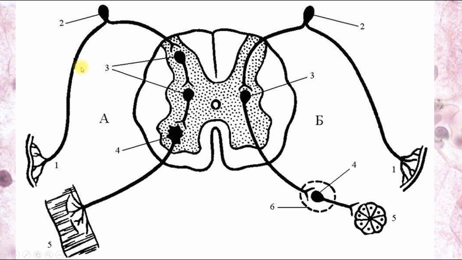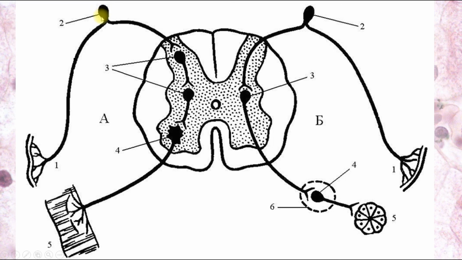So you already know the principle of the work of somatic reflex arc. Let's revise this. So dendrite of pseudounipolar neuron receives information, for example, from skin, from inner organs, and it carries impulse to the perikaryon of pseudounipolar neuron, which is located in the spinal ganglion.